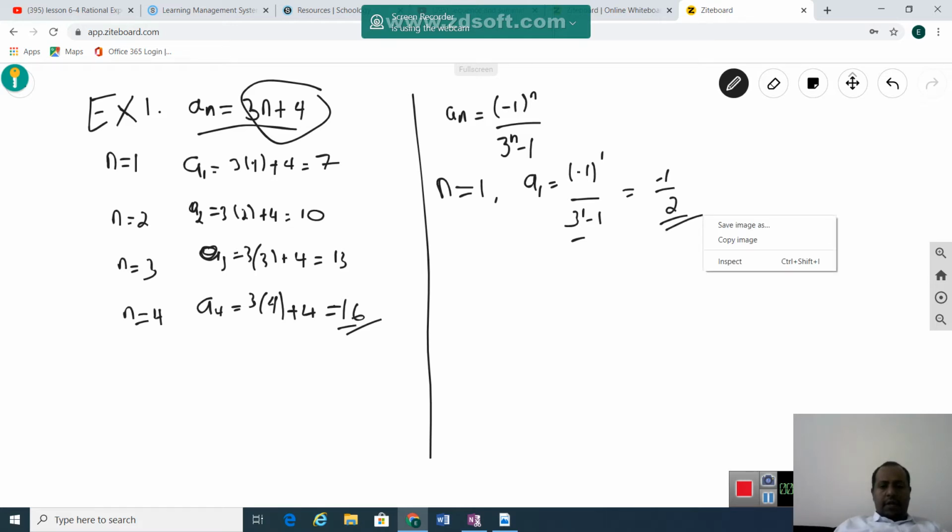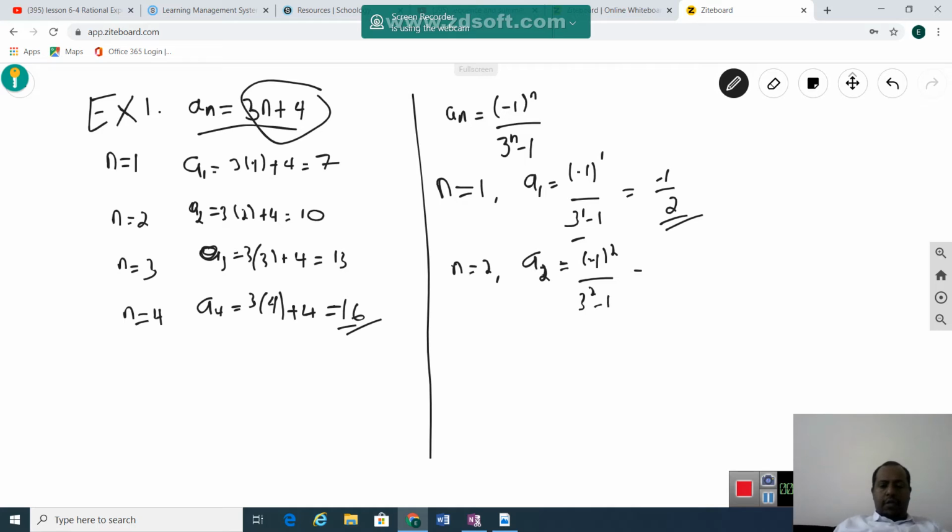To find the second term, I'll just plug 2 in for n. So this will give me the second term. a sub 2, which is the second term, is equal to negative 1 to the power of 2 over 3 to the power of 2 minus 1.